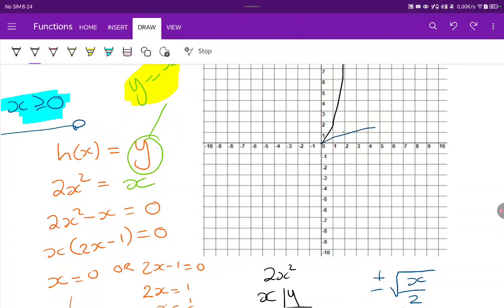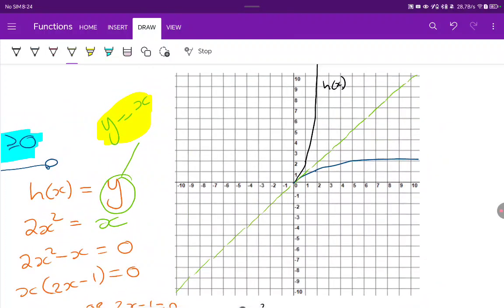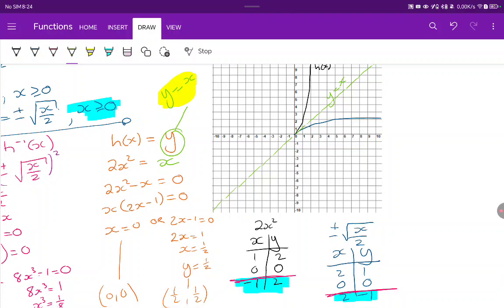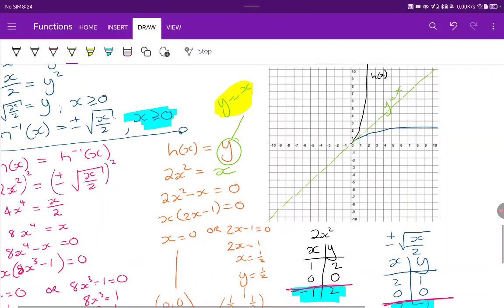And again, I don't draw the one on the other side. Okay, so those are my two graphs. And don't forget your axis of symmetry, y equals x, in a dotted line, y equals x. Okay, so that there is going to be our point of intersection and sketching our inverse graph.